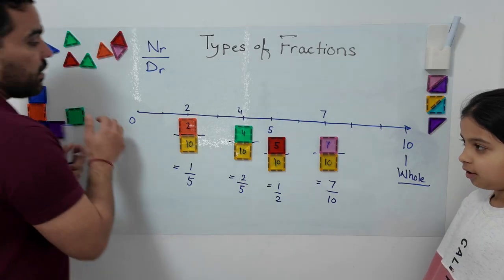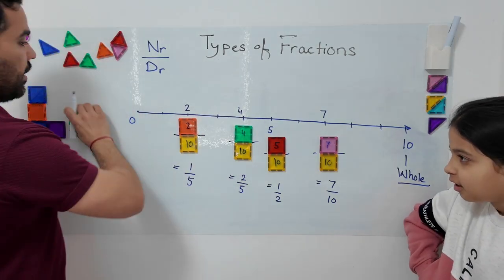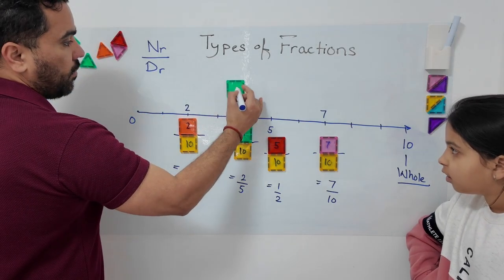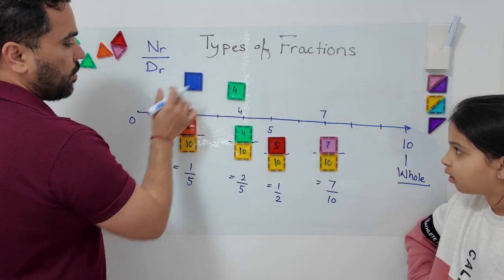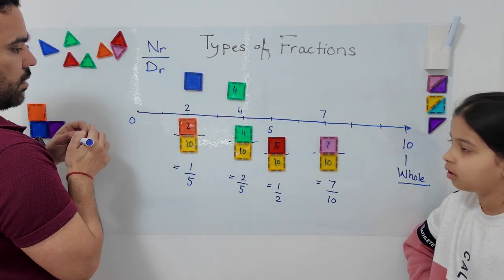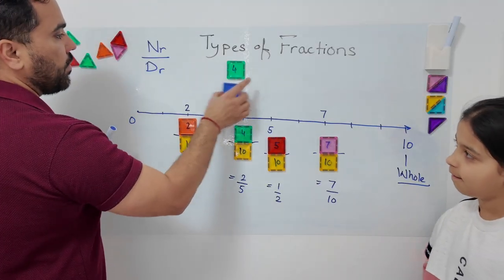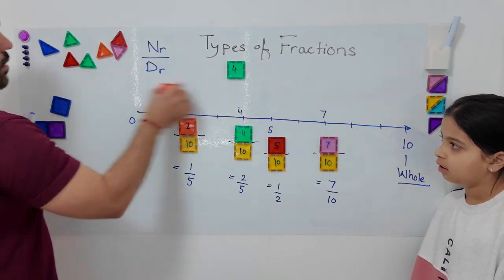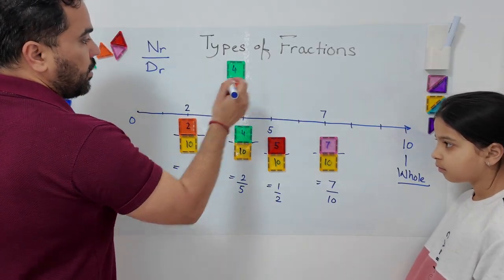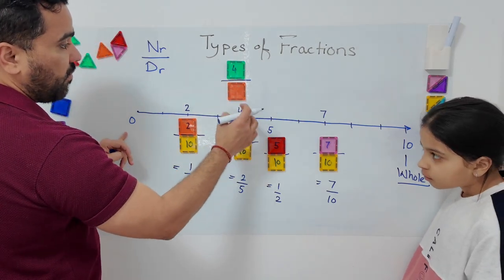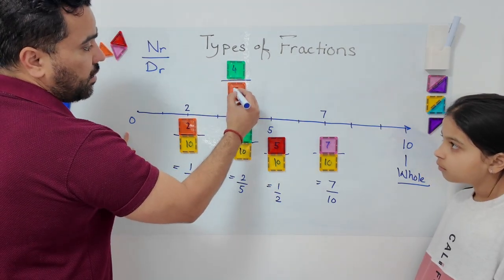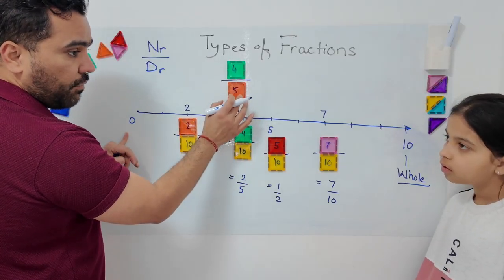If I keep the numerator the same and the denominator is different, say I'm dividing 5 chocolates, this is 4/5.